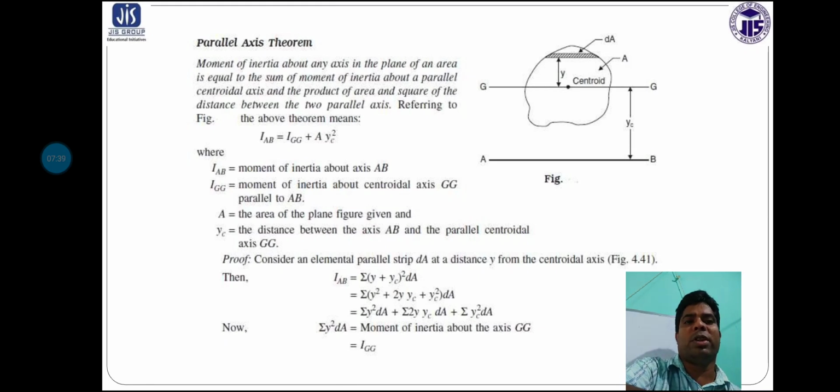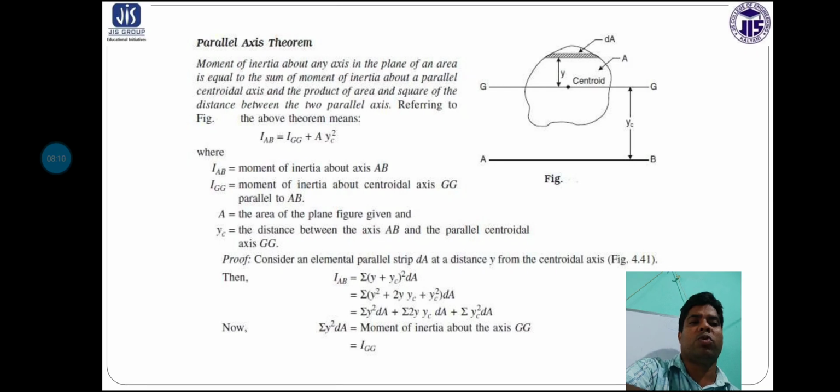Consider an elemental parallel strip dA at a distance y from the centroidal axis. So IAB is equal to summation of (y plus yc) square dA. Applying the (a plus b) whole square formula, we get y square plus 2 y yc plus yc square dA.